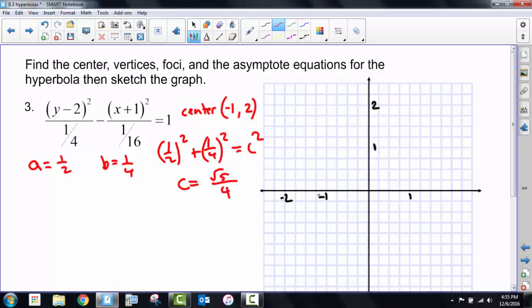So here we go. Our center is at -1 and 2, which would put me right about there. And let's see, our a value is 1/2. That means I'm going to need to move in the vertical direction half a space up, half a space down. And horizontally, our b value is 1/4, so I'm going to move 1 space each direction.